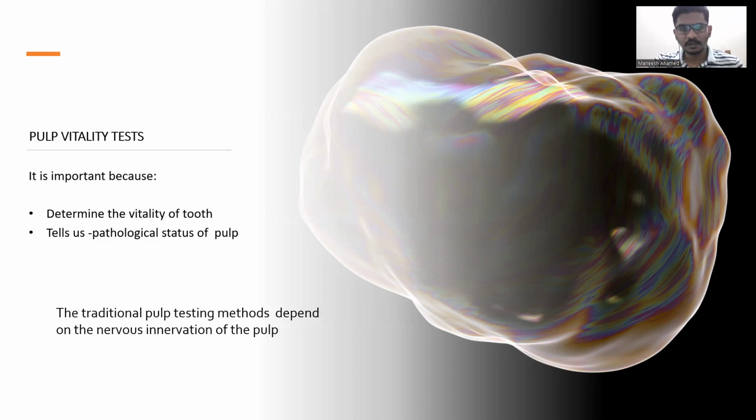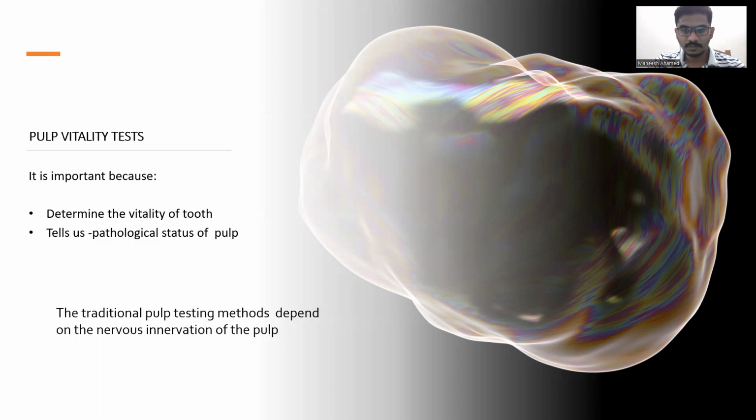But one problem which we have is that the traditional methods used to test the pulp vitality basically depend upon the nervous innervation of the pulp. That is, they simply test whether the nerve is working or not. But in most cases, this is a poor indicator of the vital status of the pulp. In many cases, the nerve fibers only get destroyed at the late stages.